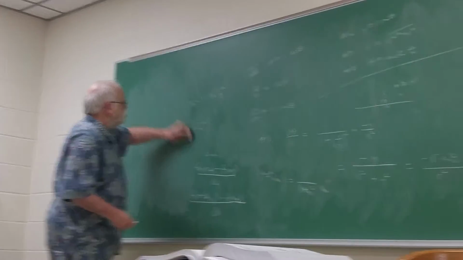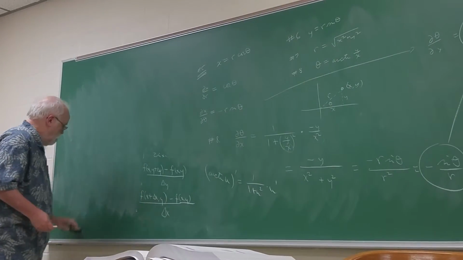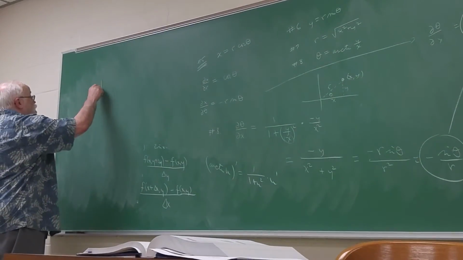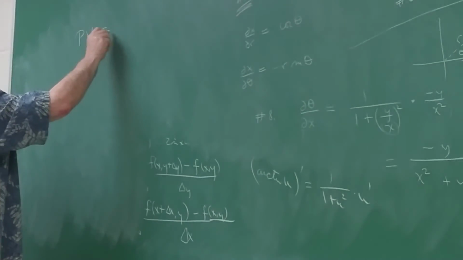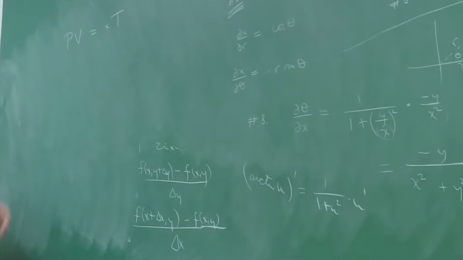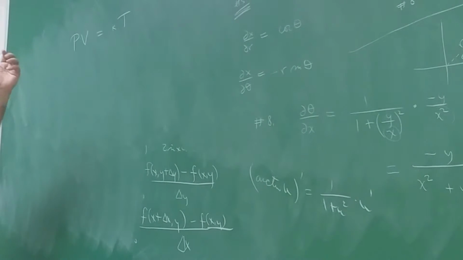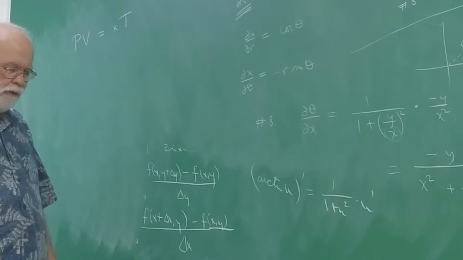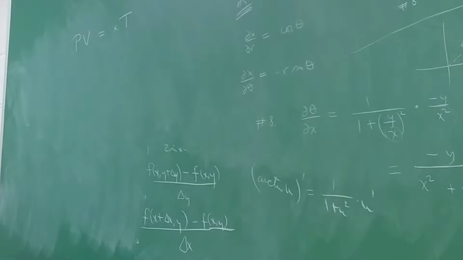Here's an application. PV equals KT. What's that? That's like thermodynamics, okay. P is pressure, volume, temperature, and some weird constant.